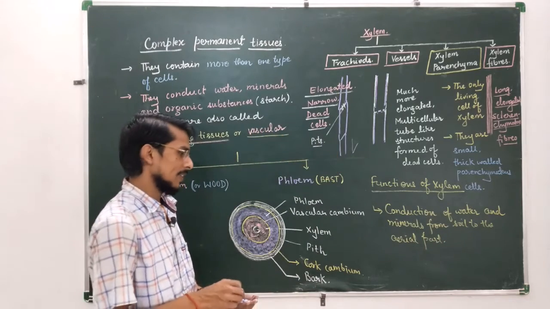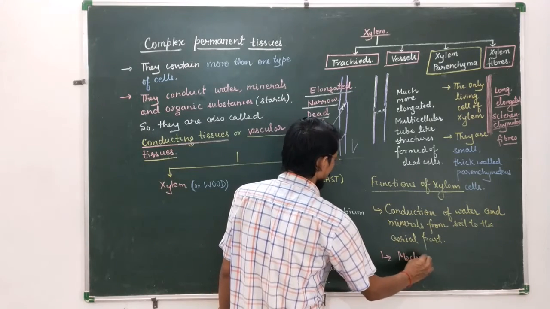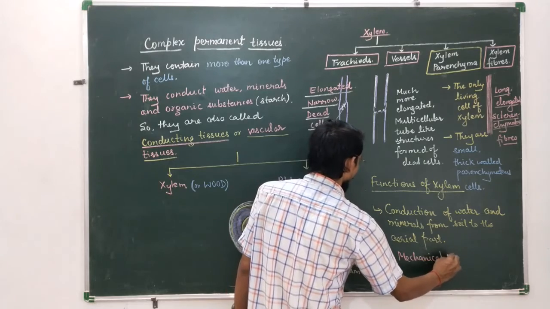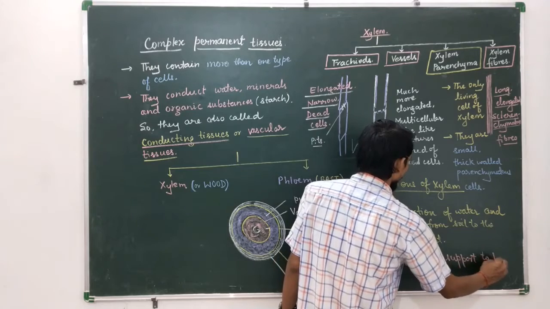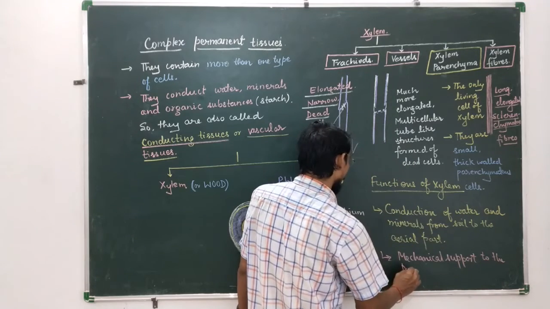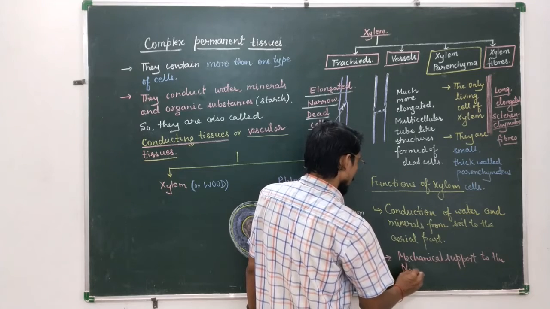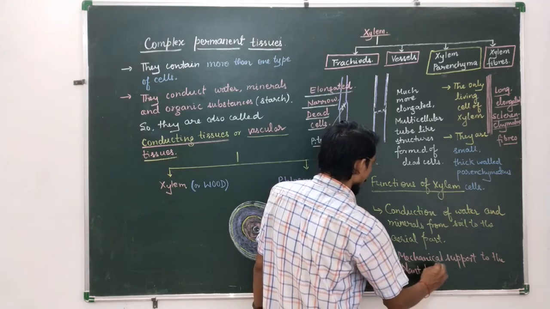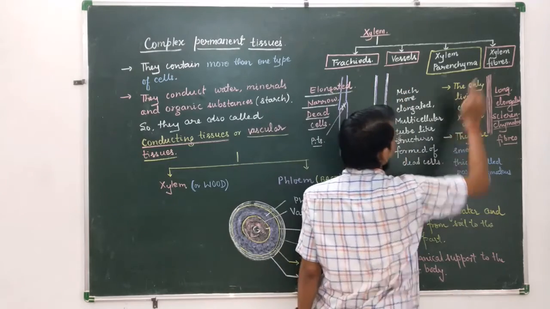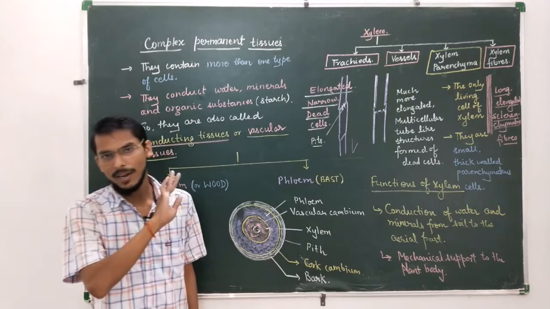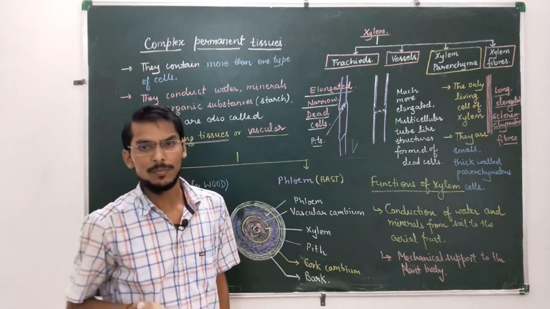And second function is mechanical support to the plant body, and mechanical support is provided by tracheids, vessels and xylem fibers. It means xylem parenchyma is not related to the mechanical support of the plant body.